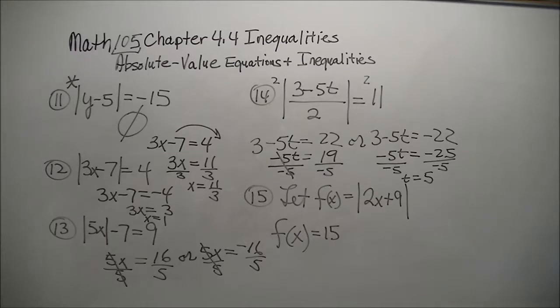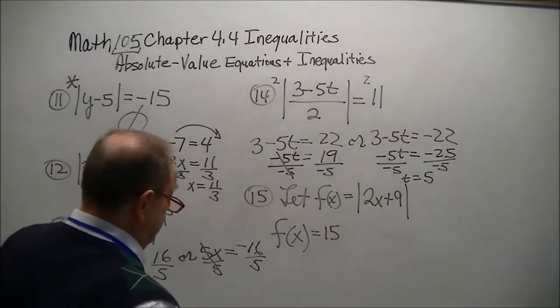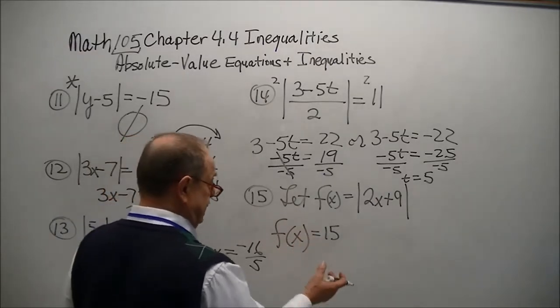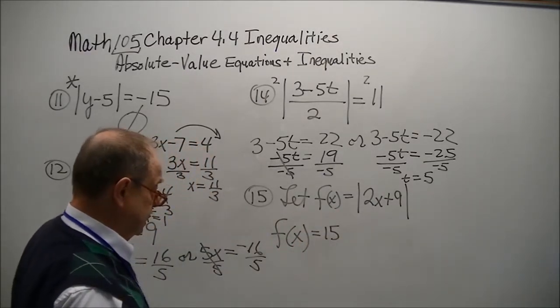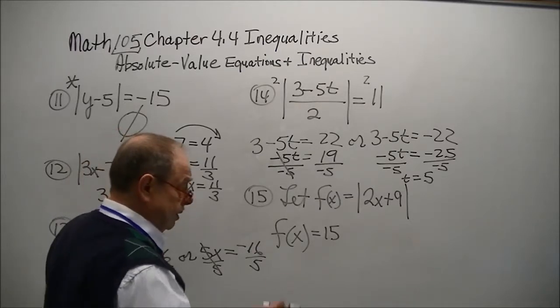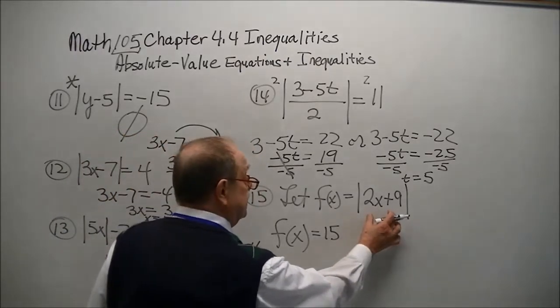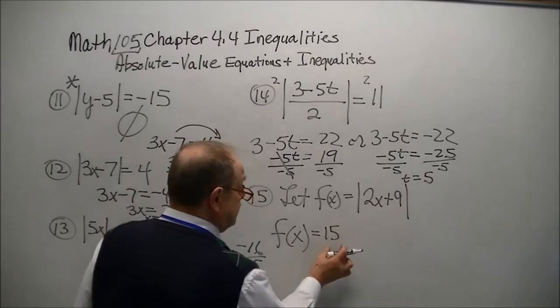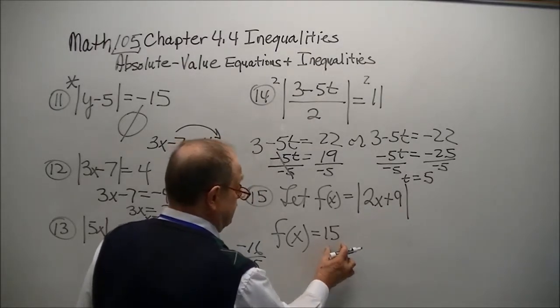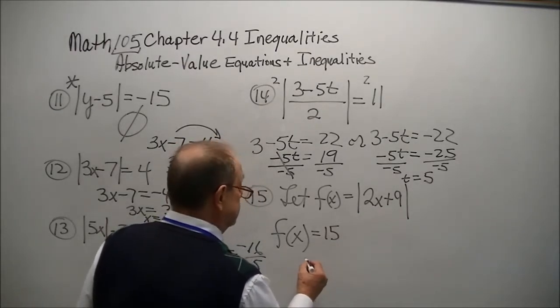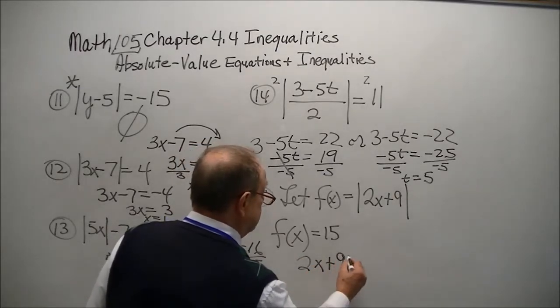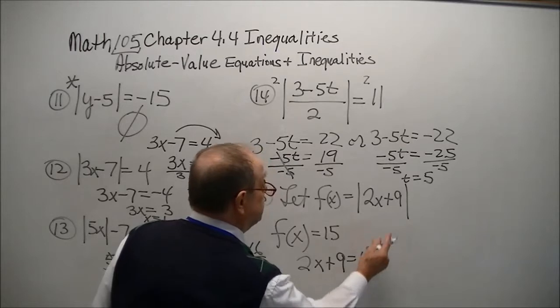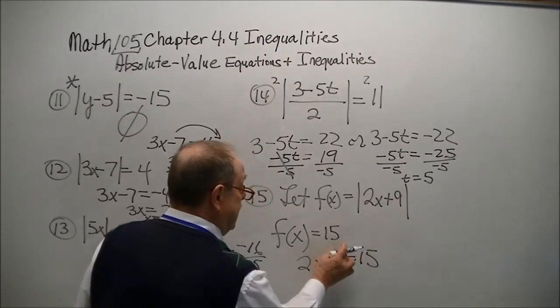Now this last one is just introducing again the idea of function. And all they're asking is that this equals that. So we can write it here. 2x plus 9 equals 15. This equals that.